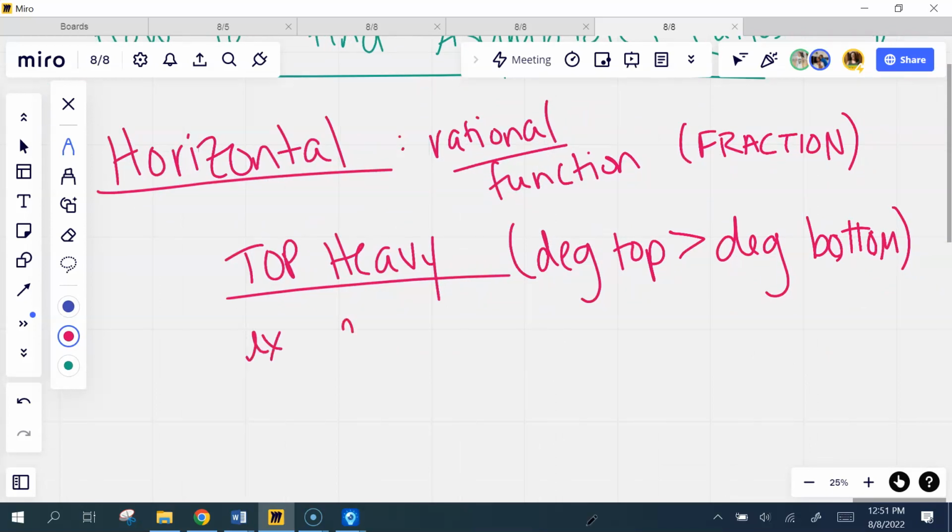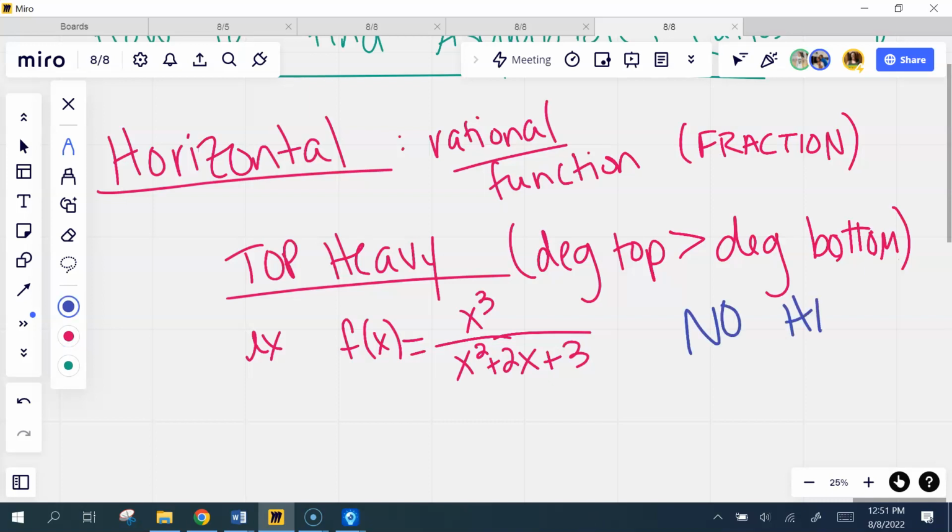For example, what's the degree of the top? What's the degree of the bottom? 2. If I am top heavy, I have no horizontal asymptote.